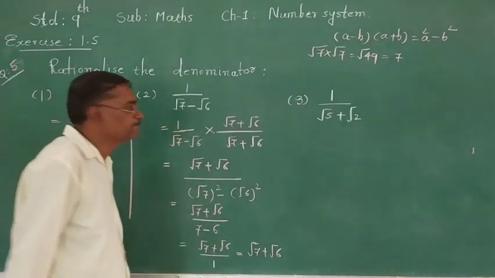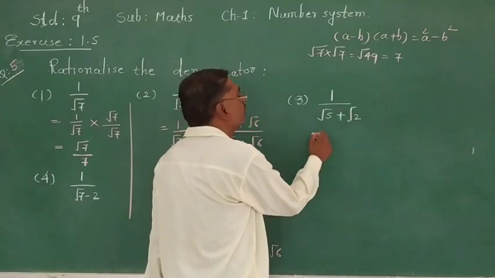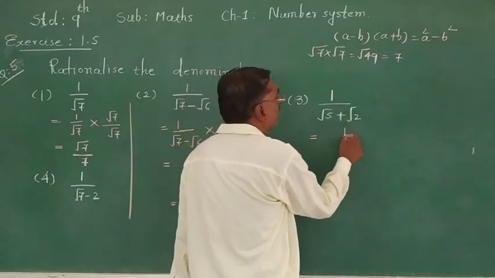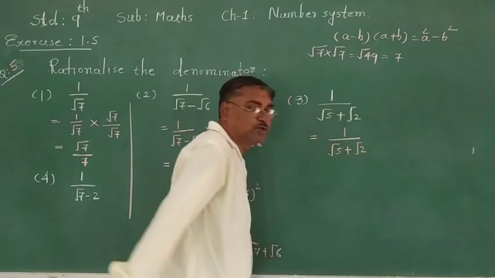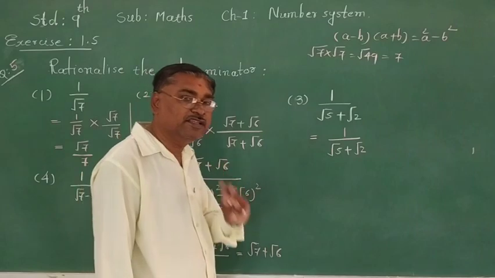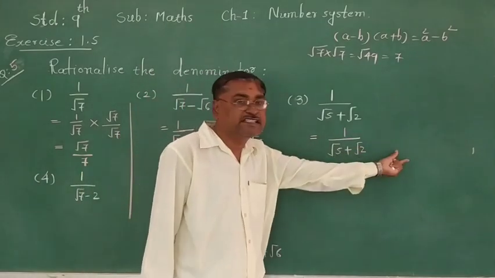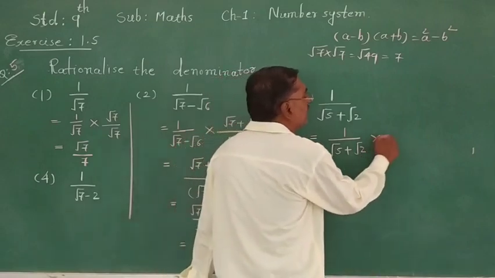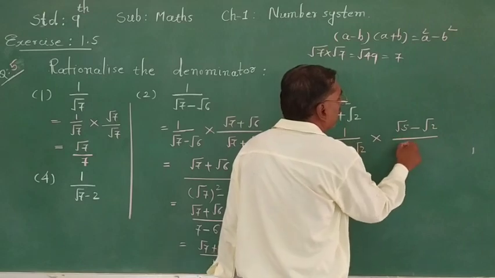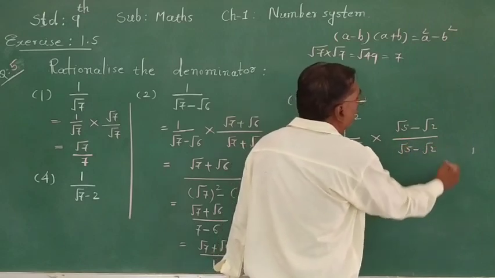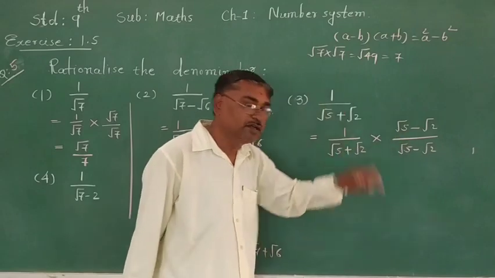Now for the third, 1 upon root 5 plus root 2. Now we will understand. Multiplying and dividing with the opposite sign. So root 5 minus root 2 and root 5 minus root 2, multiplying and dividing with the same number.